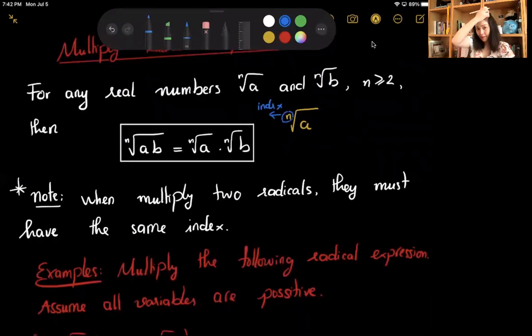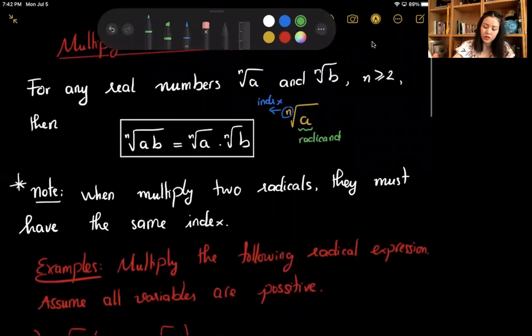And a is called the radicand. So when you multiply two radicals together, they must have the same index in order to bring them under one root.